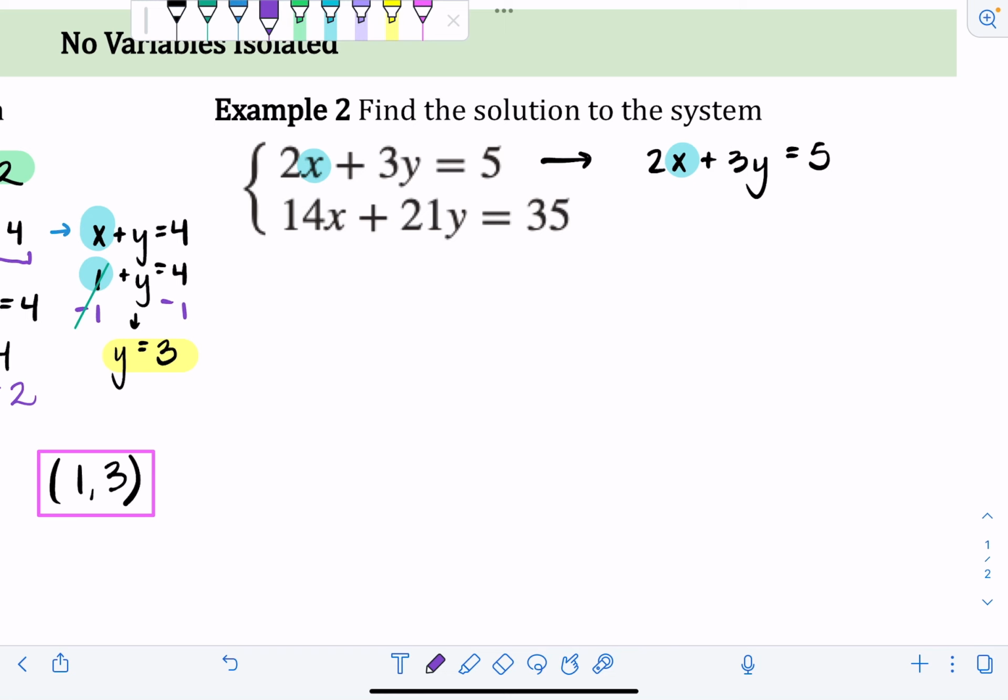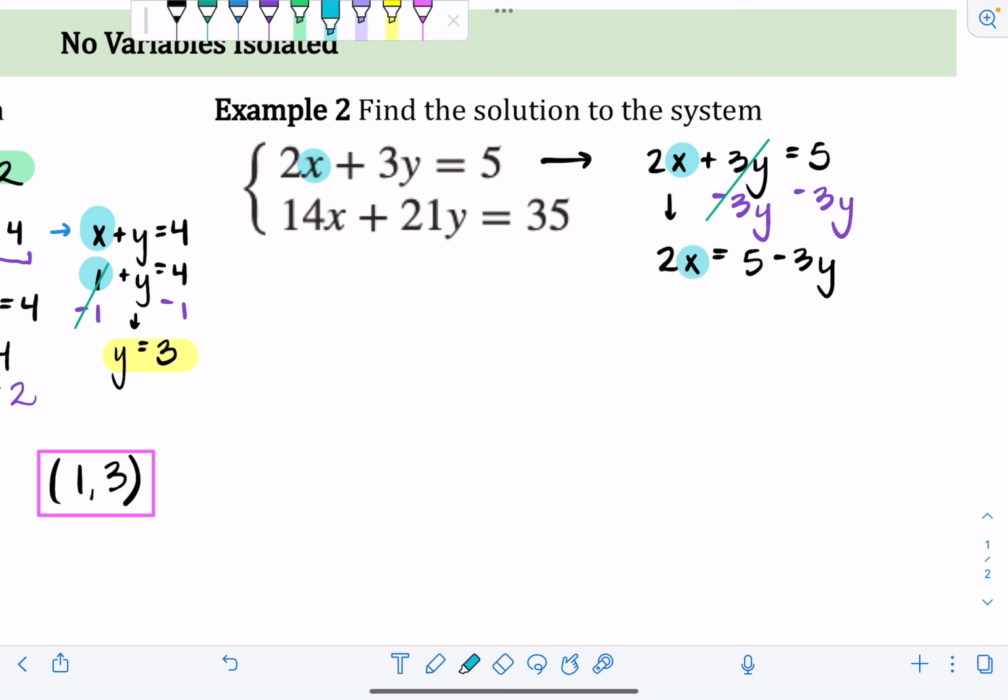I want to undo addition or subtraction first, so I want to get rid of this plus 3y. In order to do that, I'm going to subtract 3y from both sides. So I'll bring down my 2x, and then 3y minus 3y is 0, so that goes away, which is what we're trying to do. And then equals 5 minus 3y.